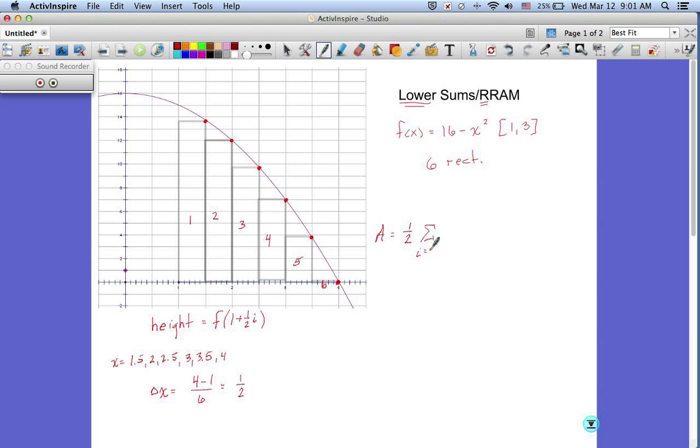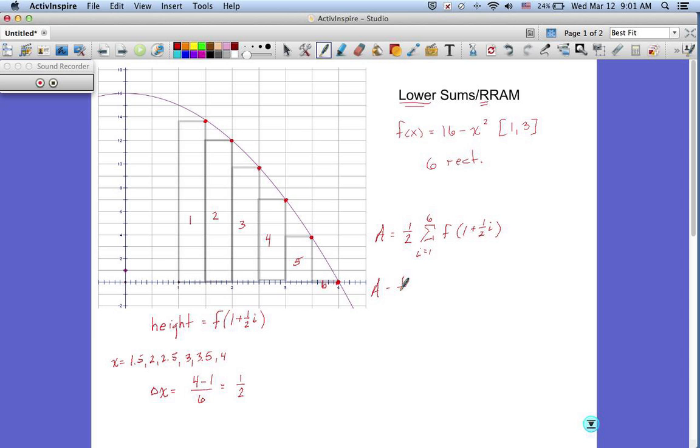And our height, we're going to use sigma notation to represent. The height we already said is modeled by f of 1 plus 1/2 i. Remember, sigma notation says I'm going to add up all the values of this when I plug in 1, 2, 3, 4, 5, and ultimately 6, accounting for the 6 rectangles.